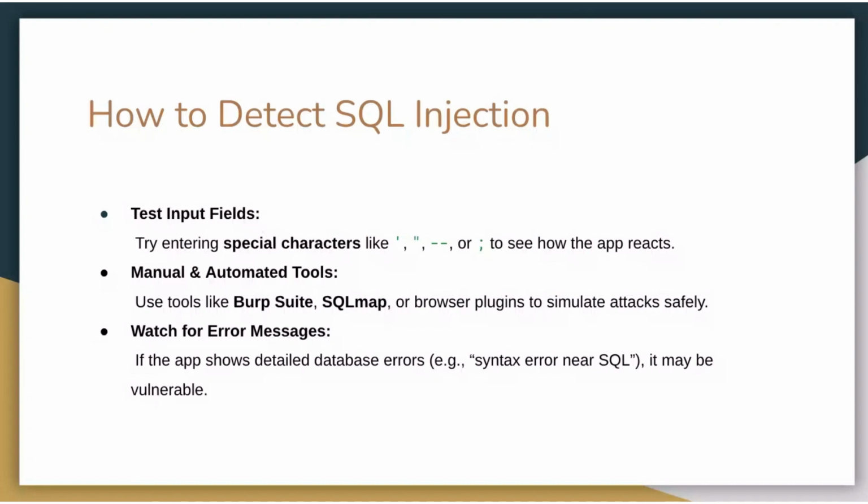Or while coding, write secure code to avoid these things when there is any field of data entry. We can use tools such as Burp Suite, SQLMap, or browser plugins to check whether there is any vulnerability in our code, and watch for error messages.